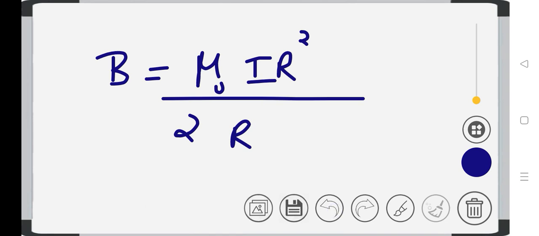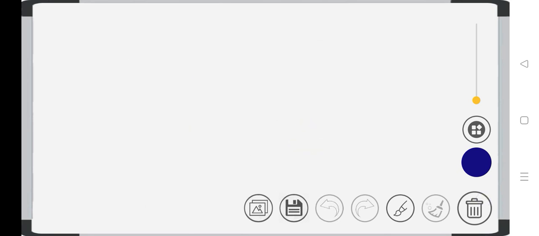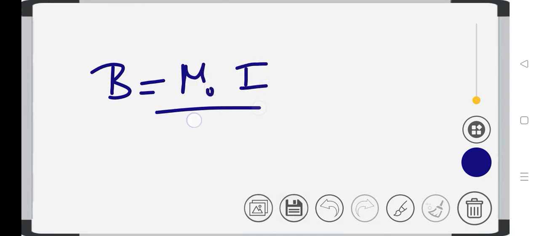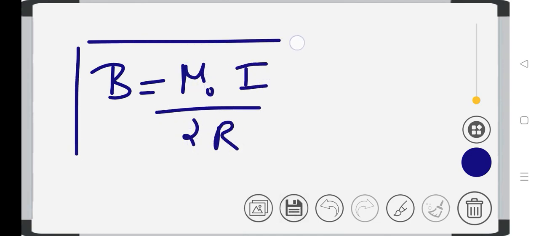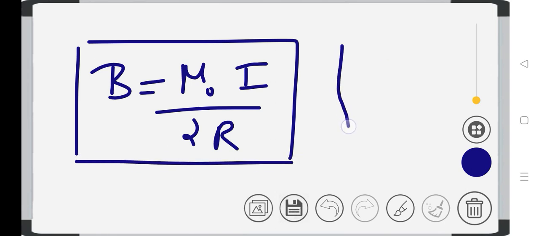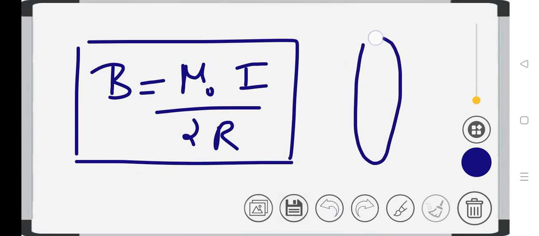In the denominator we have r cube, we can cut r square and r cube, and what remains is r. So B equal to mu 0 I by 2r. This is the equation to find the magnetic field at the center of the current carrying loop.